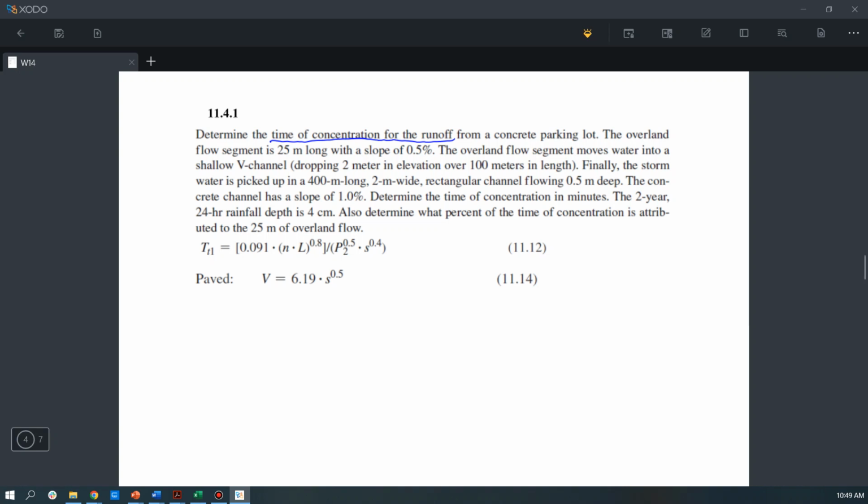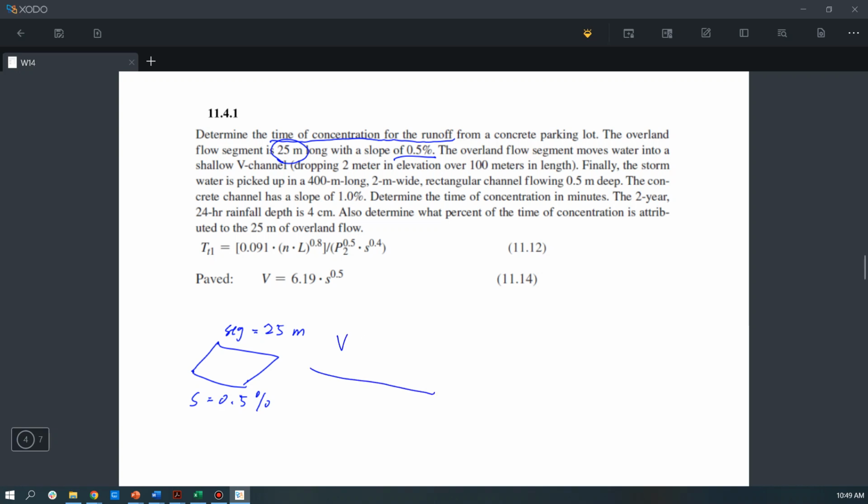We have the information that the flow segment is 25 meters long with the slope 0.5. So let me just write that down. We have the segment equal to 25 meters, and the slope at this part is equal to 0.5%. And then the overland flow segment will move water into the shallow V-shaped channel.